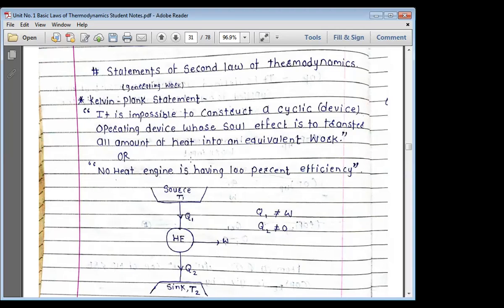Source temperature T1, Q1, HE, heat engine, W.